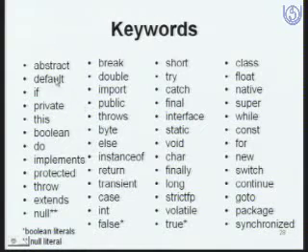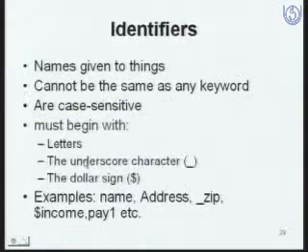We will discuss these in detail later, but now let us come to the identifier. What is an identifier? I used the word earlier in the last slide. You cannot use these reserved words for defining your identifier. So what is an identifier? An identifier is the name given to things.